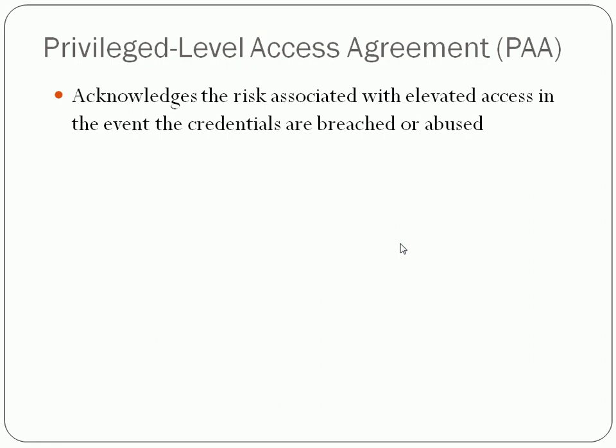And we want to make sure that those folks understand the responsibility that comes with that elevated access. I kind of look at this as having a key to the executive washroom. There's certain responsibilities you have. You get this key, and you have some responsibility for that.